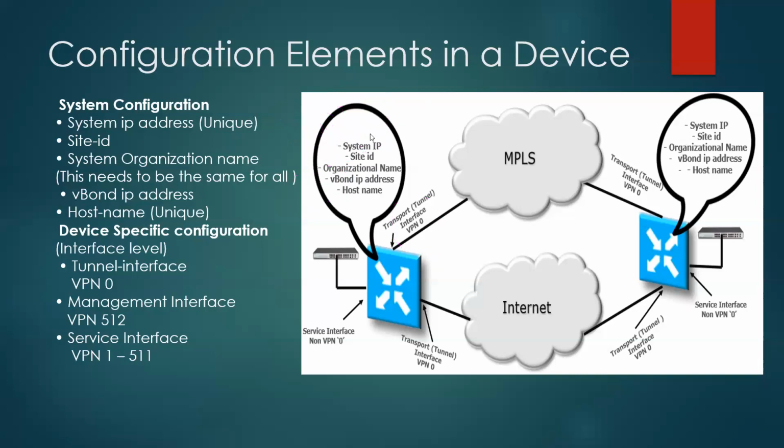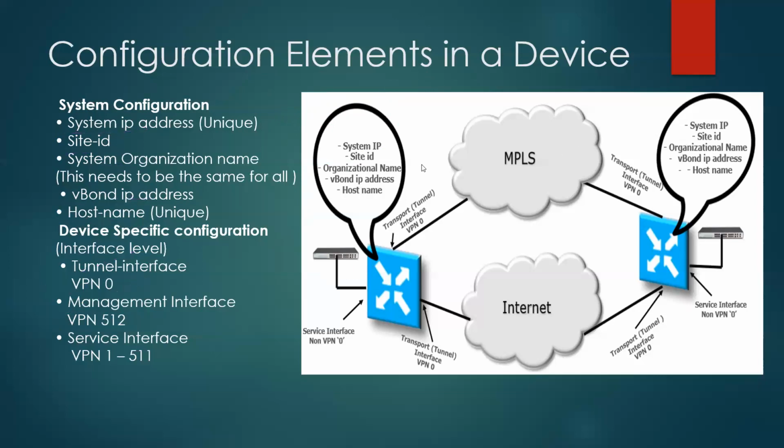Obviously you will understand once we perform these things in the lab. So you have the system-wide configuration: system IP, site ID, organization name, vBond IP, host name. All the devices have a host name, right? And you need VPN 0, VPN 512. This is our minimum configuration.